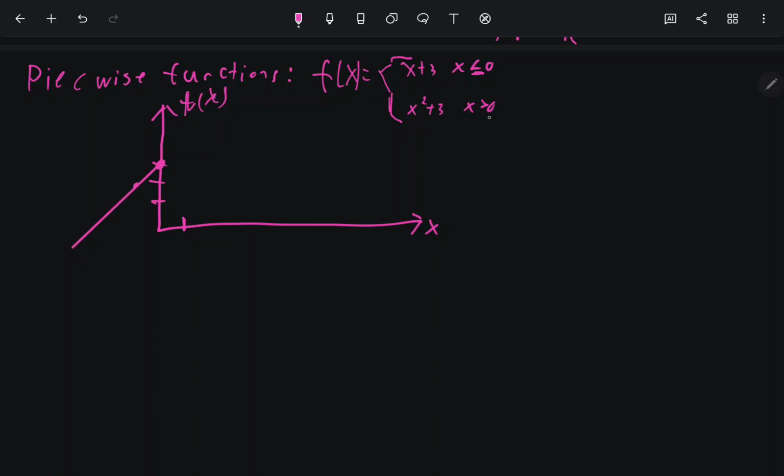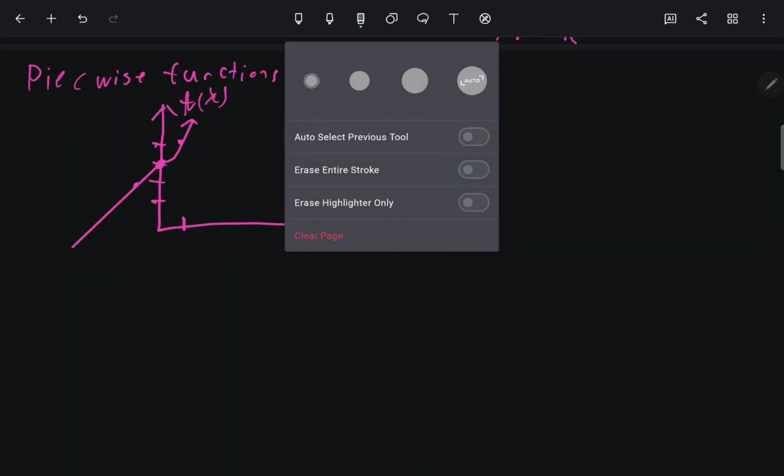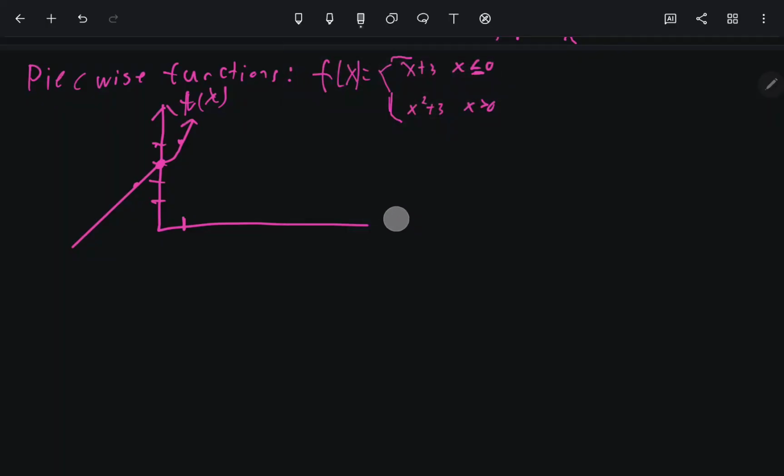And then we have a parabola, and so it's going to go up 1 over 1, and it's going to look something like that. And this is useful because sometimes not everything is going to follow a set rule for its entire domain, especially in modeling real life. And that's what we're trying to do. We're trying to build our modeling abilities here.